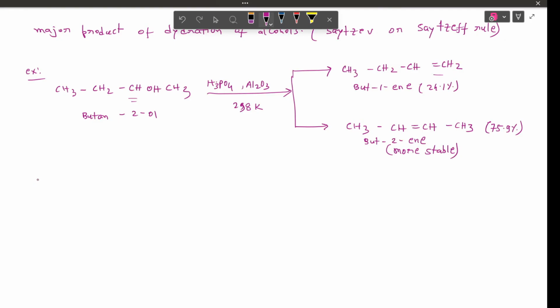Here, let us say we have 2-methyl butan-1-ol. We have this CH3, CH2, CH, CH3, CH2OH. This is 2-methyl butan-1-ol.